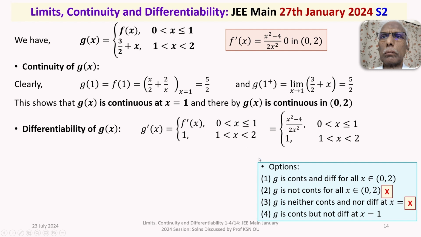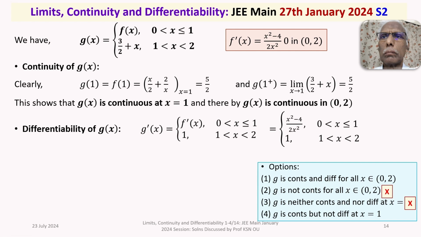And f prime x is x square minus 4 by 2x square when 0 less than x less than or equal to 1, and it is 1 when 1 less than x less than 2. Agreed. And g of x is differentiable everywhere in the open interval 0 to 2 except possibly at x equal to 1, because there is a shift in the definition of g prime.